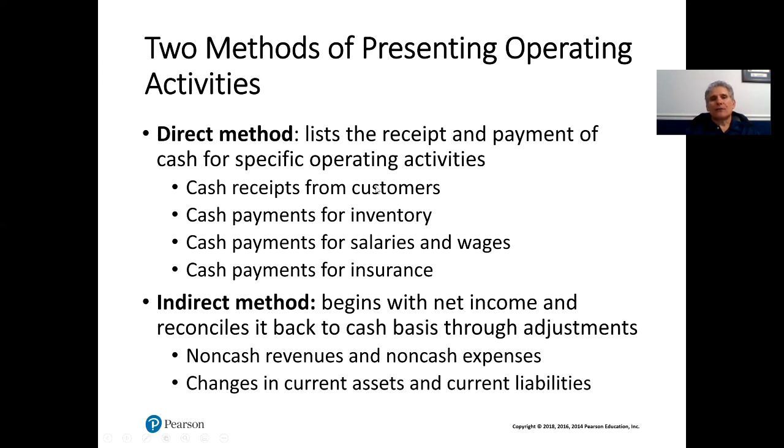All right, there are two methods that are commonly used for presenting operating activities. There's the direct method and the indirect method. The direct method lists the receipt and payment of cash for specific operating activities. By the way, just so that we're clear, the difference between the direct and indirect method only relates to operating activities. The two other areas, cash flows from investing activities and cash flows from financing activities, are not impacted between the two methods.